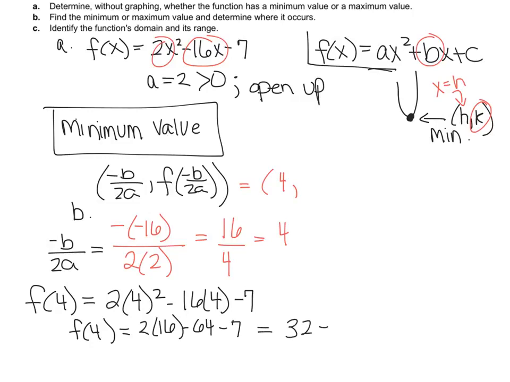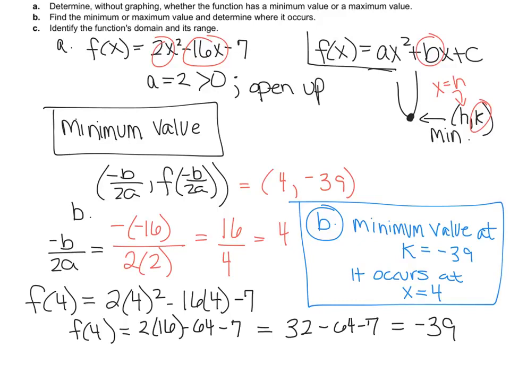So we have 32 minus 64 minus 7, and that equals negative 39. So our vertex is (4, negative 39). So my answer for part B is that I have a minimum value at k equals negative 39, and it occurs at x equals 4.